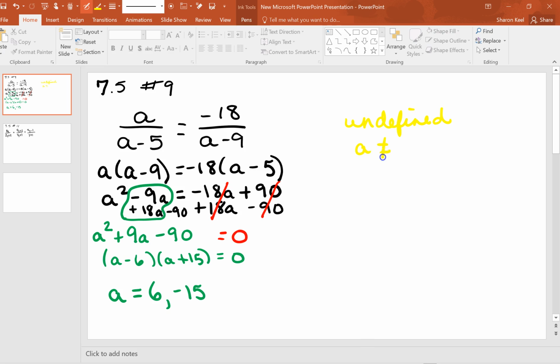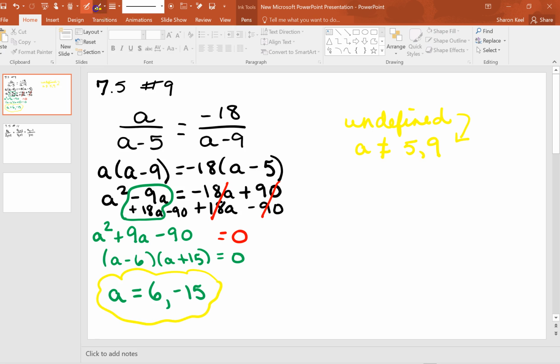A cannot be a positive 5 or a positive 9 because those two values would make the denominator undefined. I look at my answers. Neither of these answers are what makes it undefined, so I am completely finished.